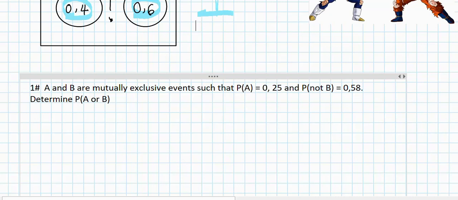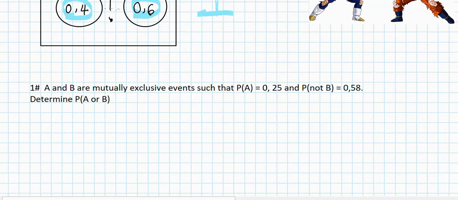The probability of the complement of B is 0.58. Determine the union. Oh, look at that. This is so beautiful. I wish I could pause and just appreciate how nice this question is.